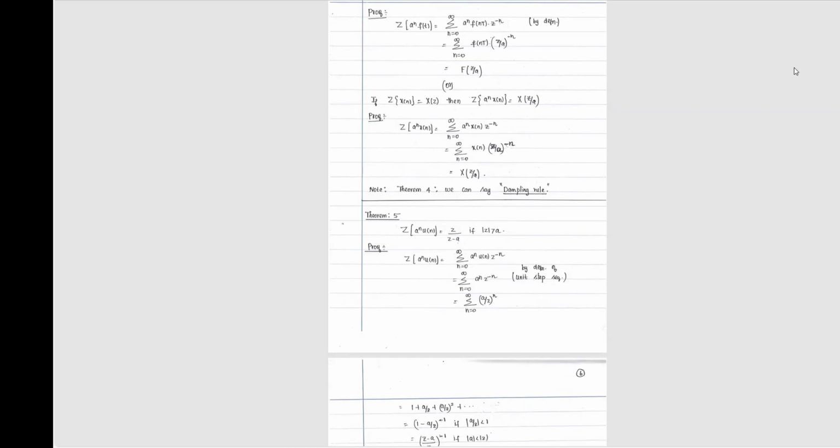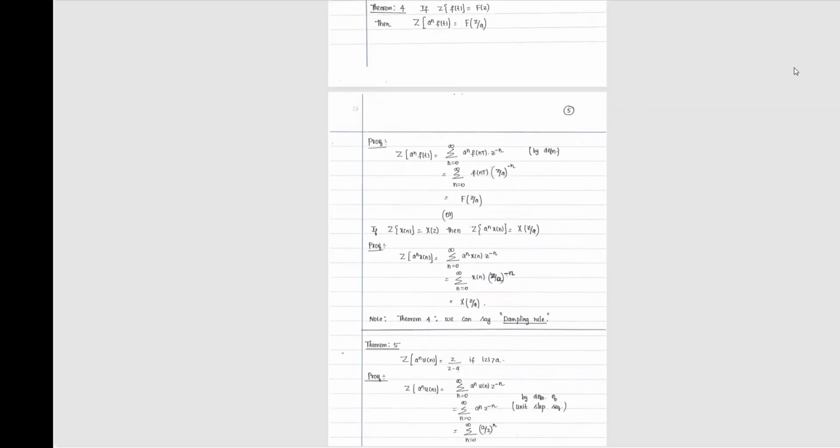Okay, ma'am. And see here, we have z to the power minus n, and we need to prove z over a. To find that, if we have z to the power minus n, then we can write it as F(z). Instead of z, if we have z over a, then we can write it as F(z/a).